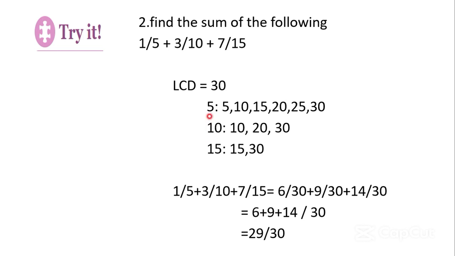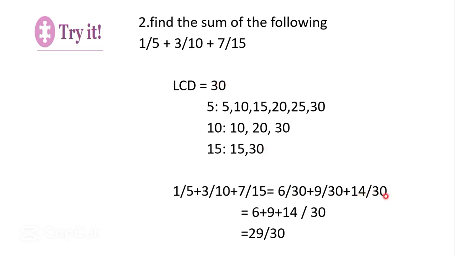The multiples of 5 are 5, 10, 15, 20, 25, 30. Multiples of 10 are 10, 20, 30. Multiples of 15 are 15 and 30. I stopped here because I already found their least common multiple, which is 30. So our LCD is 30.